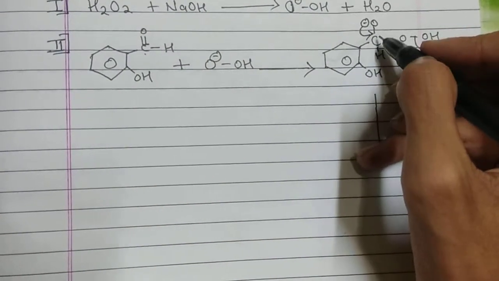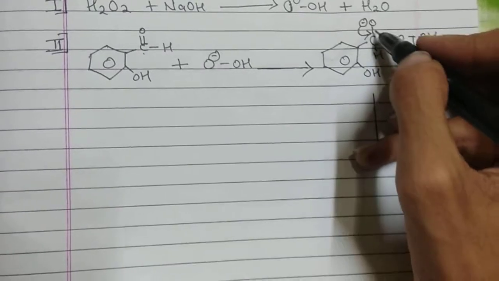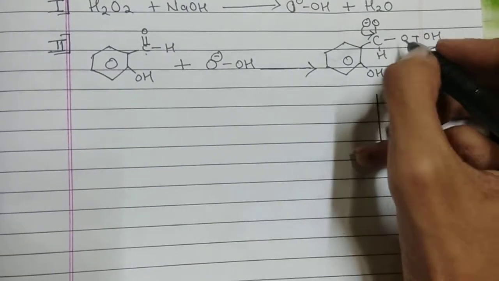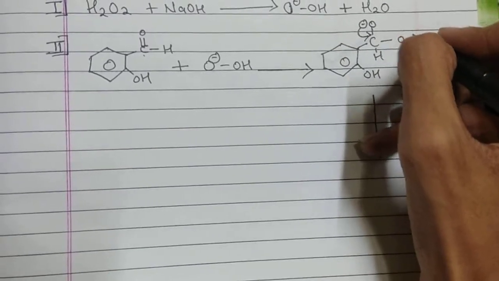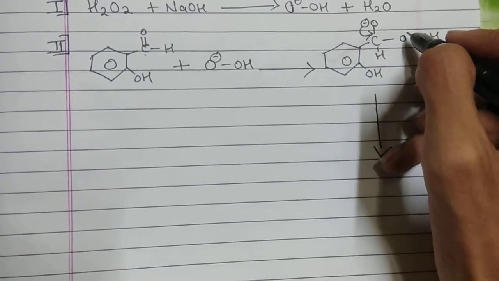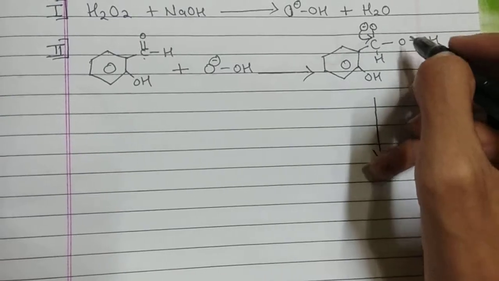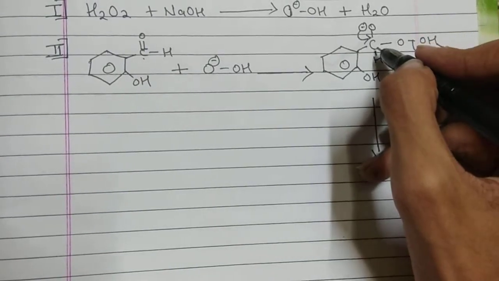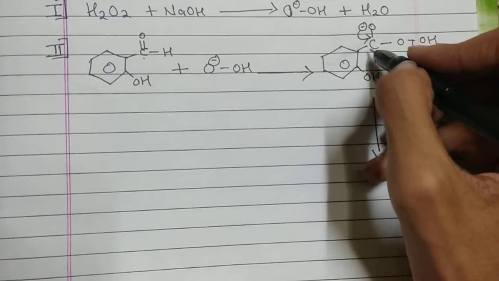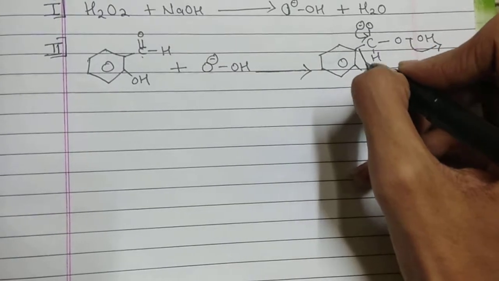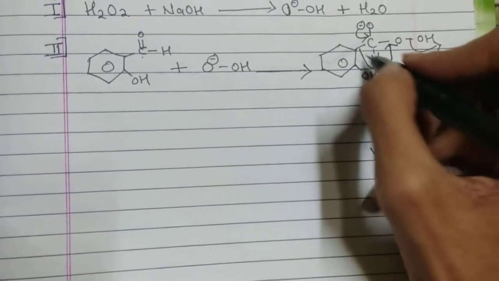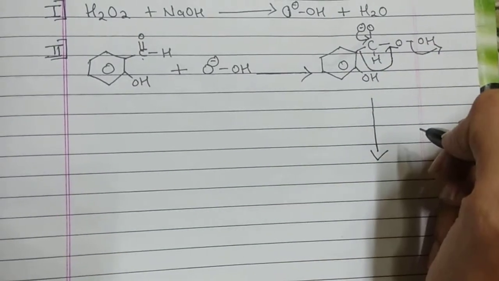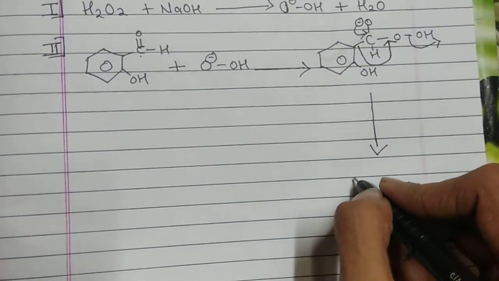So that will form a bond with carbon and oxygen, a double bond. And what happens then when this OH goes out, this oxygen will have a negative charge. So this negative charge, in order to become stabilized, this has a greater electronegativity than carbon, right? So there will be a bond formation taking place between this oxygen and the ring. So you get something like this.